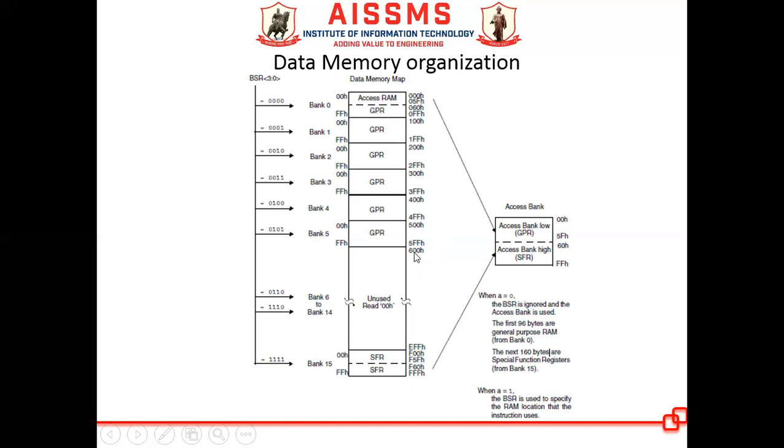So the memory which is available will be from 000 to 5FF, and the first part of bank 0, which is 000 to 05F, and some part of bank 15, which is F60 to FFF, constitute what is called an access bank.